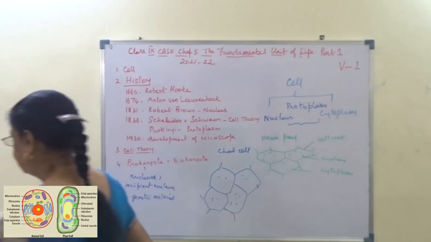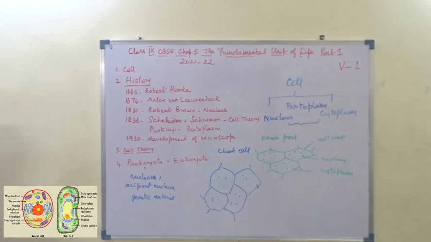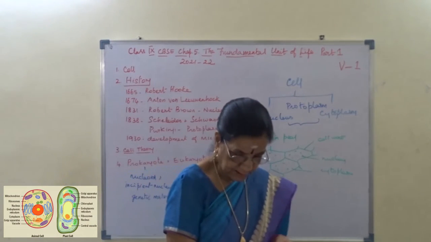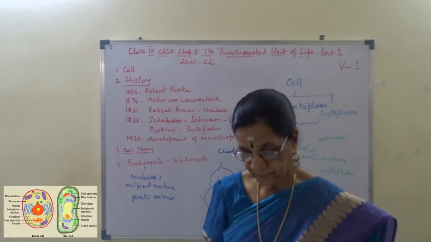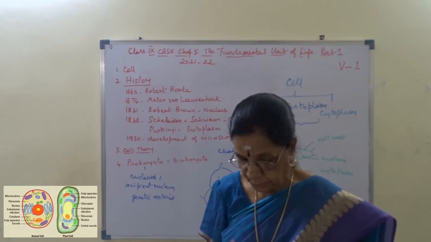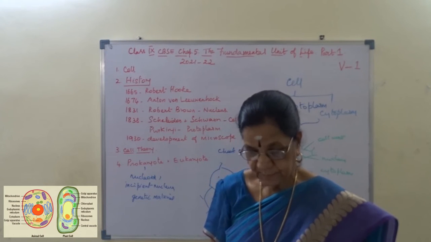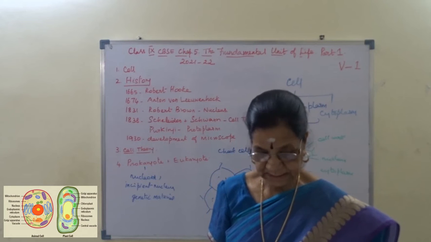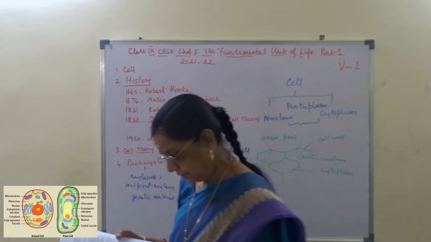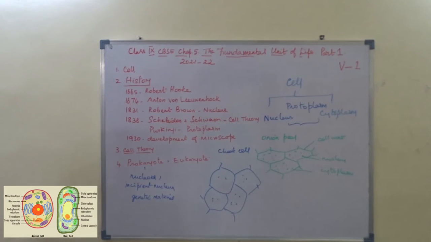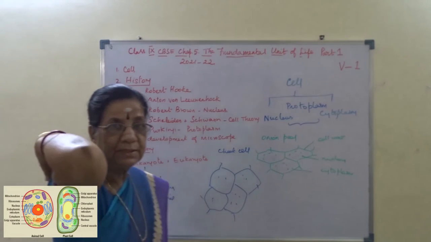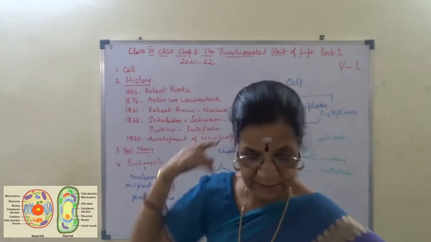So this is for plant cell, onion peel; animal cell, human cheek cell. Now at the same time, this animal cell is flexible in nature.